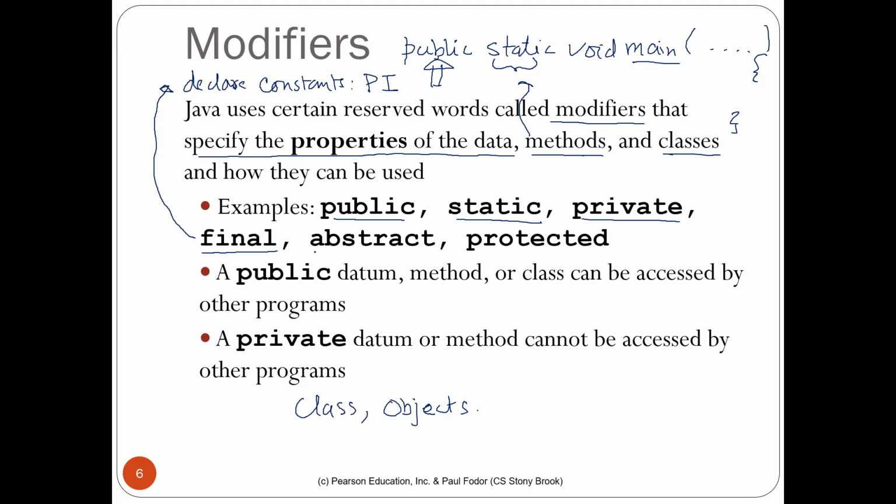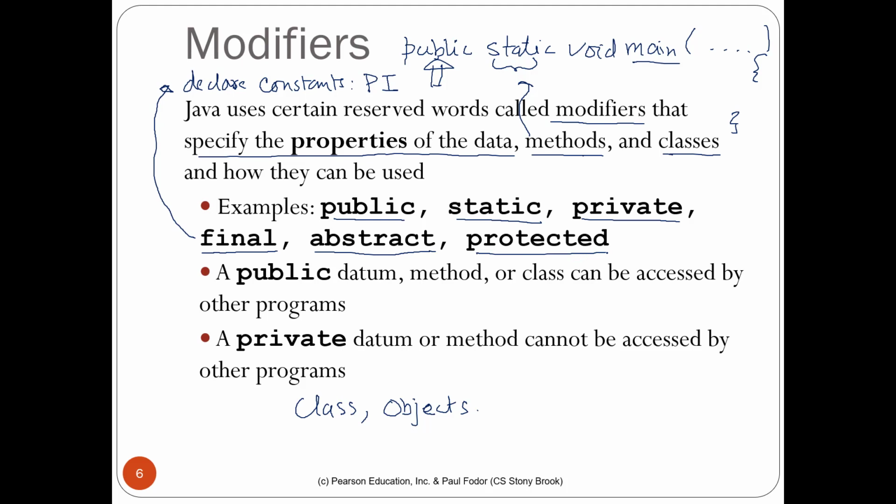Then we have something like abstract. It's a little too early to get into abstract, but we will use it when we discuss inheritance, which is a very important feature of object-oriented programming. When we do advanced inheritance, I'll introduce abstract. Protected is another modifier.